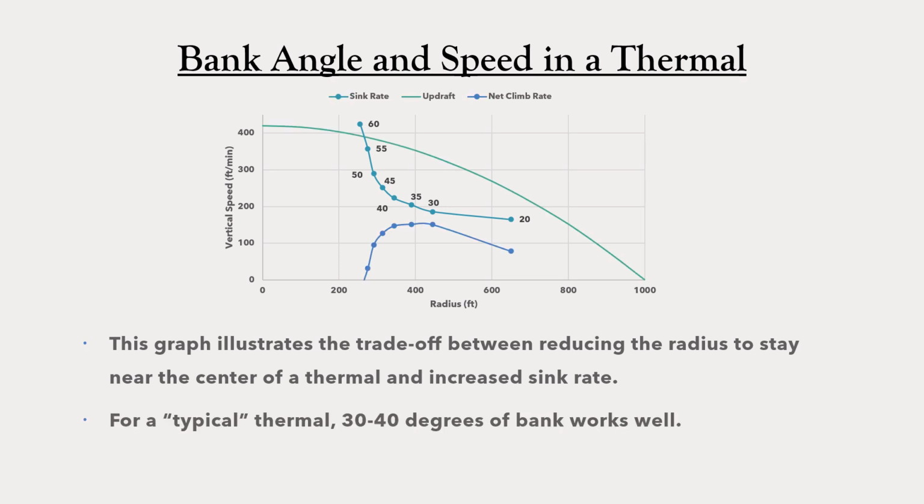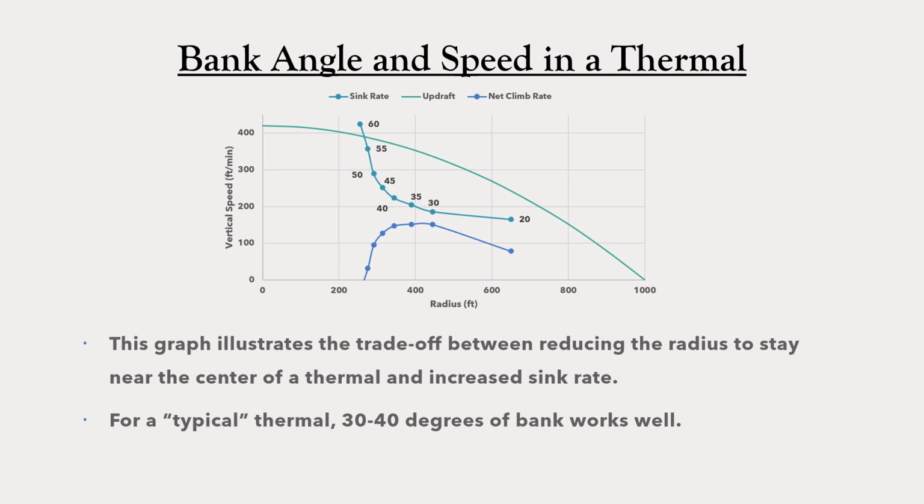To evaluate the trade-off, we need to know a little bit about the thermal and how much the updraft speed of that thermal is changing as you move away from the center. So I plotted here an example thermal that is considered to be kind of a relatively typical thermal, to the extent that there is such a thing.